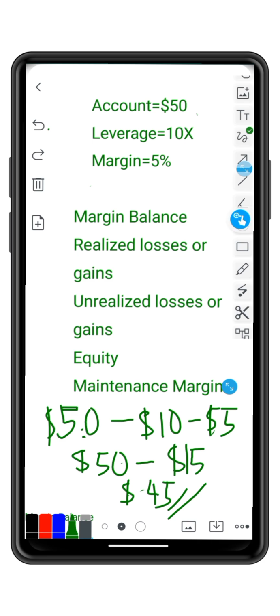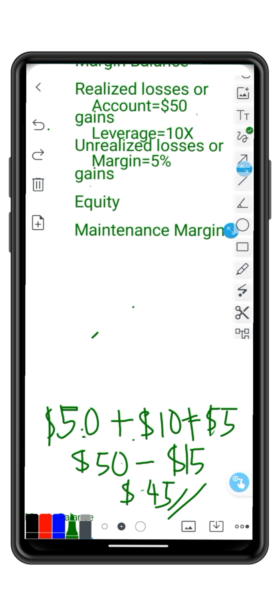But if you're making gains, your equity will be your account balance plus your unrealized gains. Let's say you're making a profit of $10, so this will now be plus $10. And let's say you've got some realized profits, maybe you've been receiving funding from funding fees of $5. So you add everything, and this should give us about 65 US.